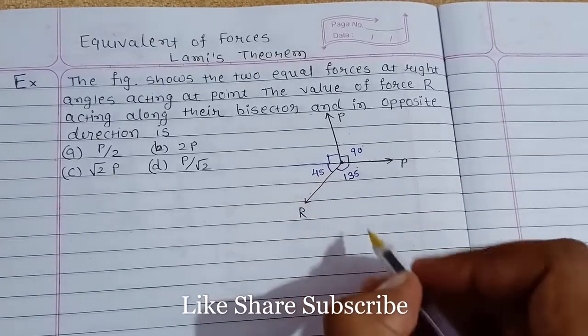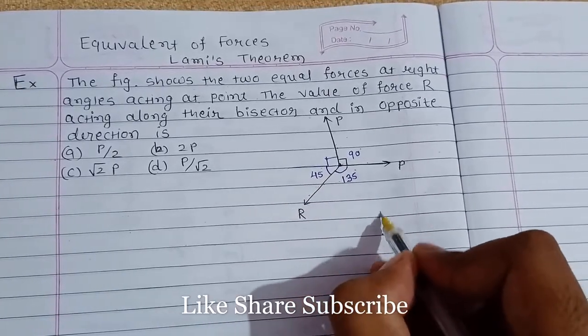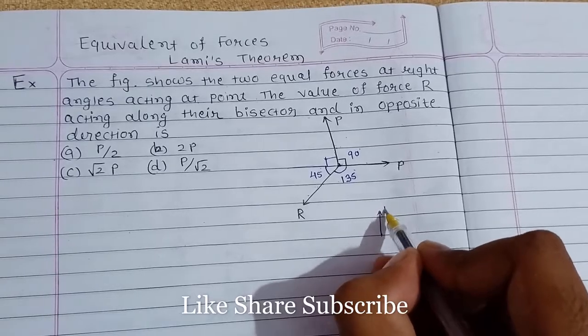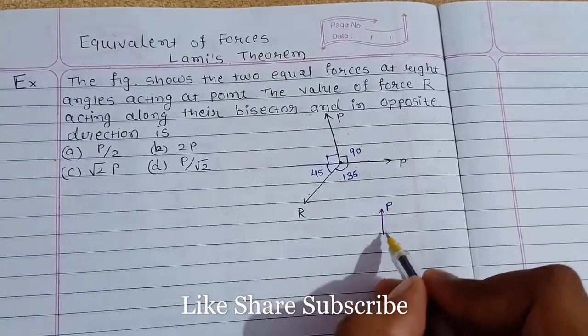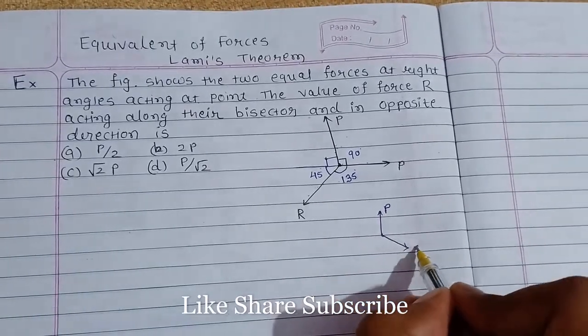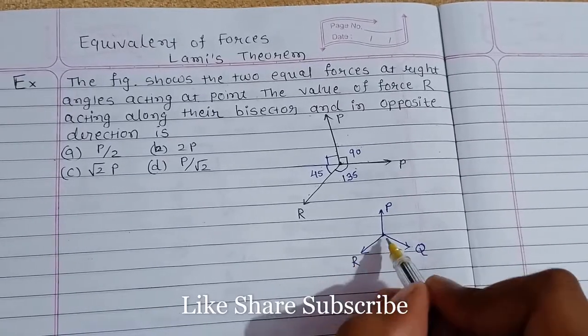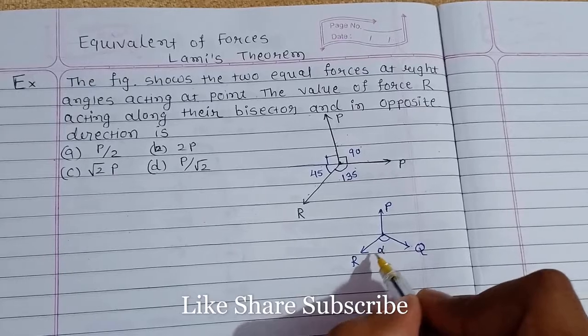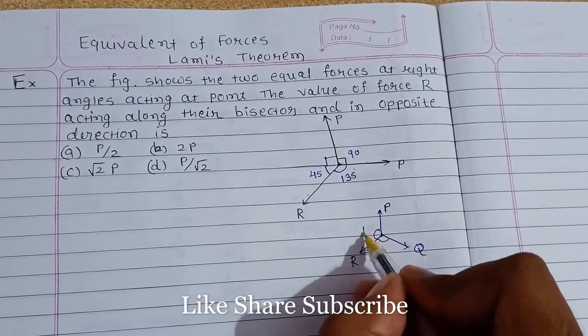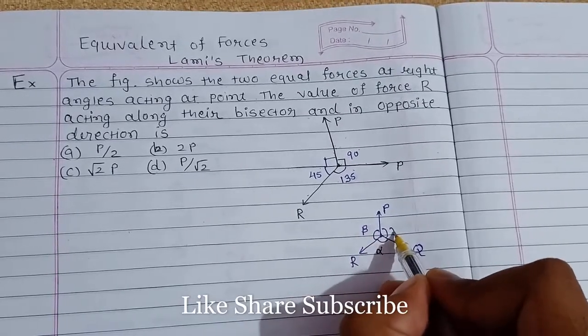In general, let's say there are three forces P, Q, R, having the angles alpha, beta and gamma.